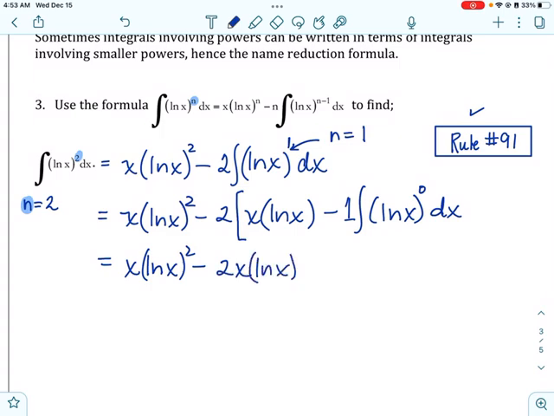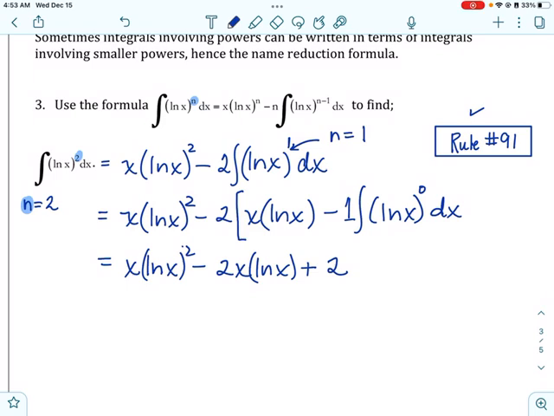You've got to watch out that you don't apply any rules with this where you might think you can bring the 2 around front, because it's not ln of x squared, it's ln of x, the quantity squared. So then what we have here is a plus 2, and really you're just taking the integral of dx.